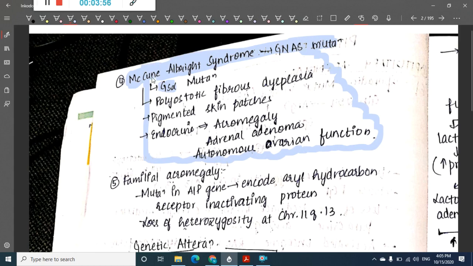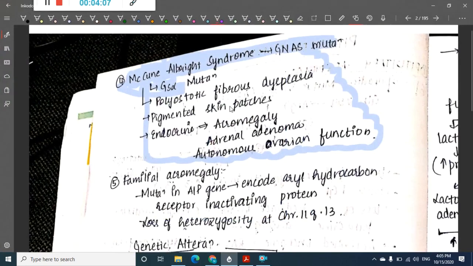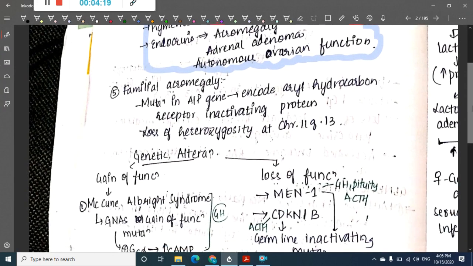In the endocrine system, it can include acromegaly, adrenal adenoma, or autonomous ovarian dysfunction.